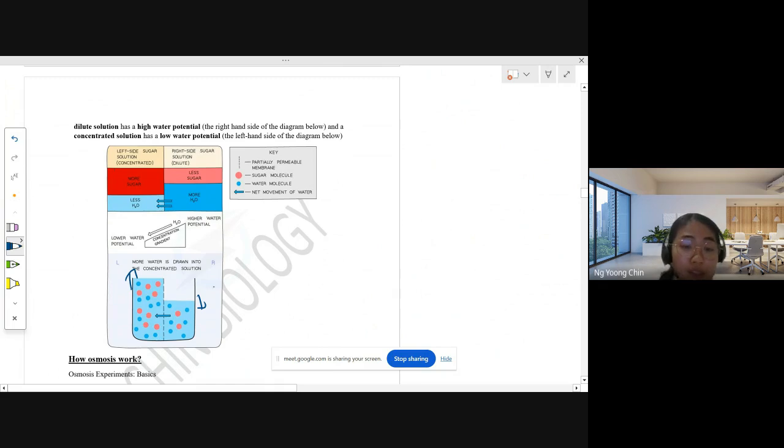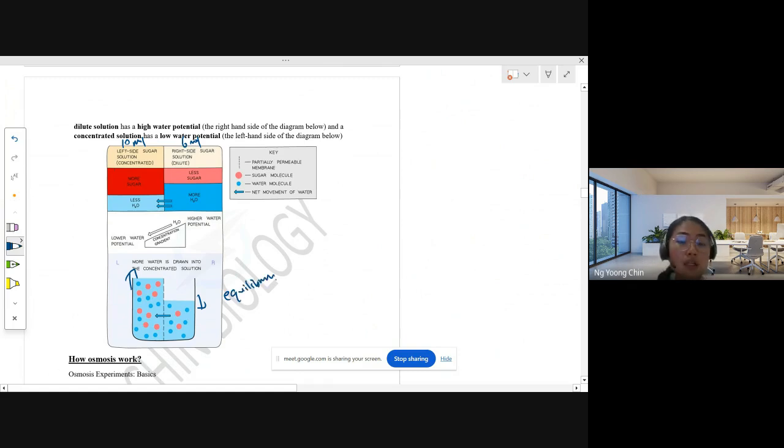Even though the water level reduces, the molarity will increase. For example, you get about 10 molarity here, then this is about 6 molarity only. But by the end, they will reach equilibrium.